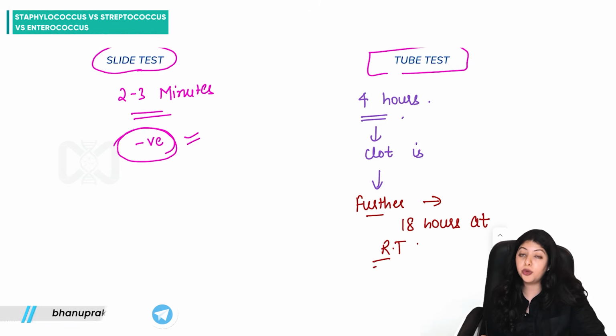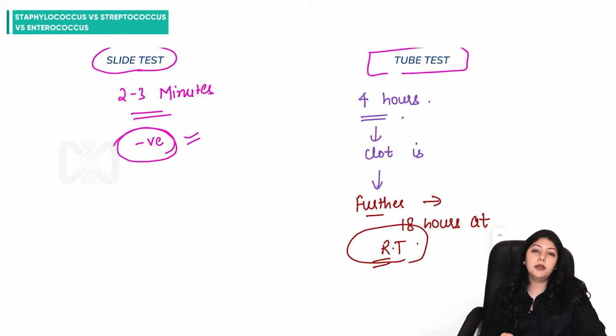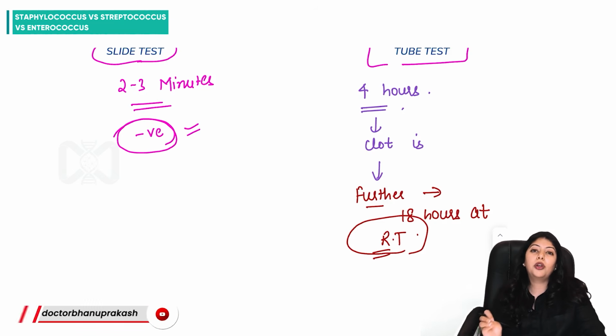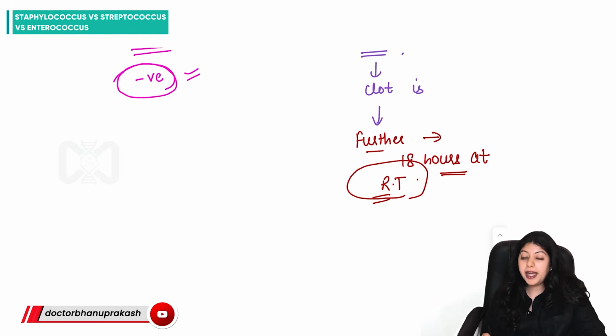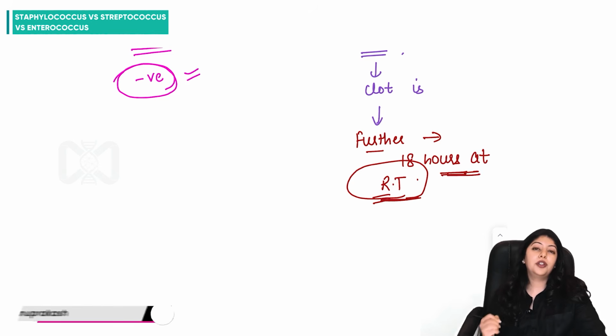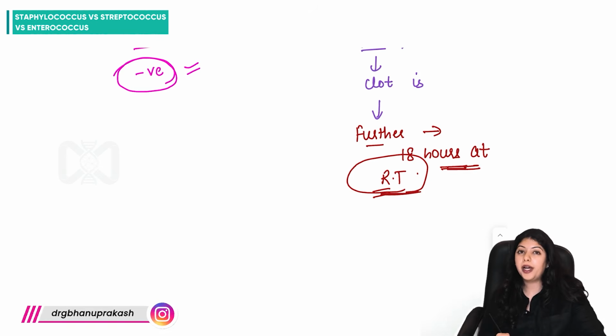Very important, room temperature. Why not the incubator? Because the incubator might just dissolve the clot which might have been formed in 4 hours or 6 or 7 hours, right? So it is 18 hours of further incubation at room temperature which would be required to consider it a negative test.